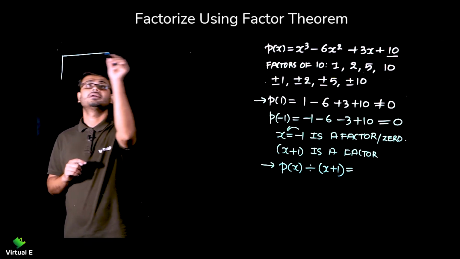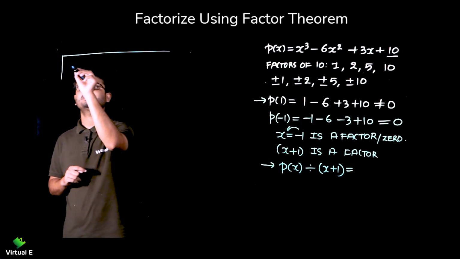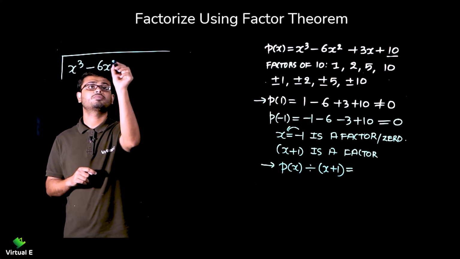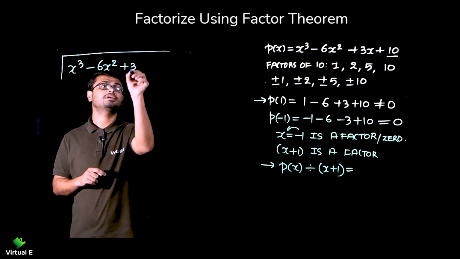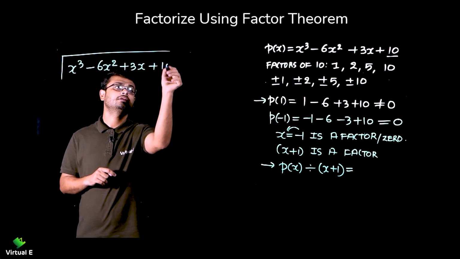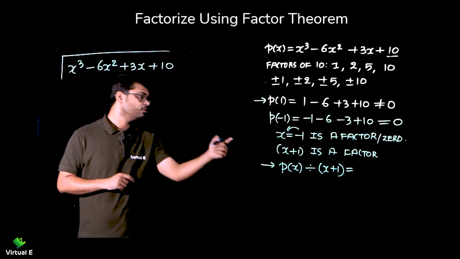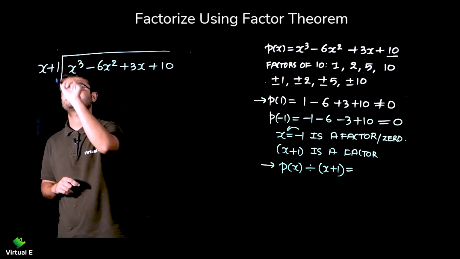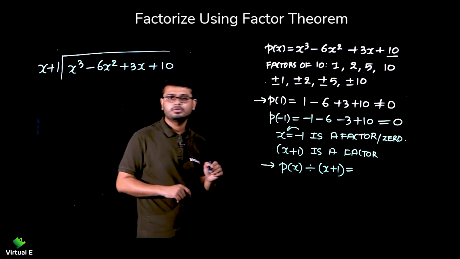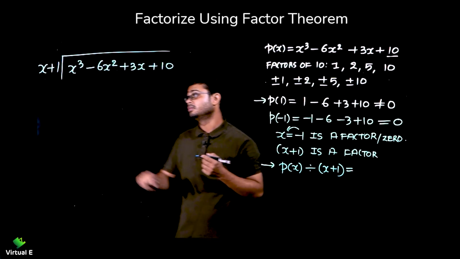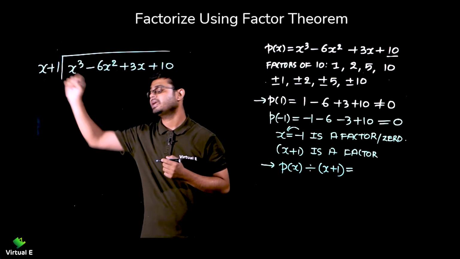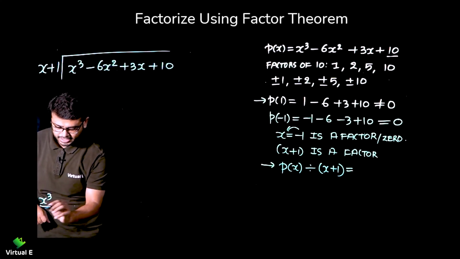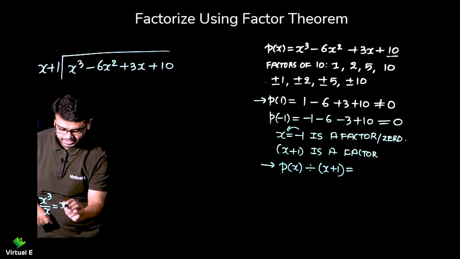Let's start. The polynomial is x cube minus 6x square plus 3x plus 10. And what's the divisor? That's x plus 1. Now let's start with the division. We are going to divide x cube by x. So x cube by x will give you x square.